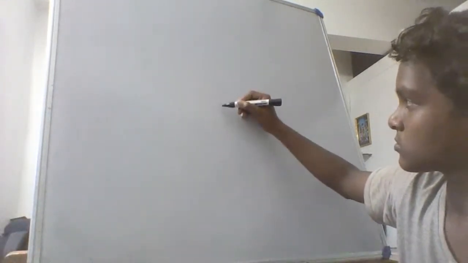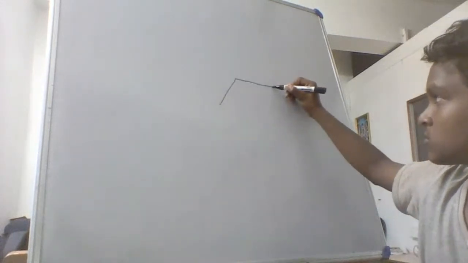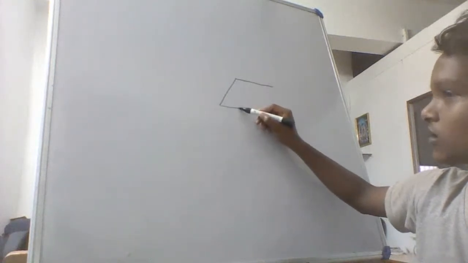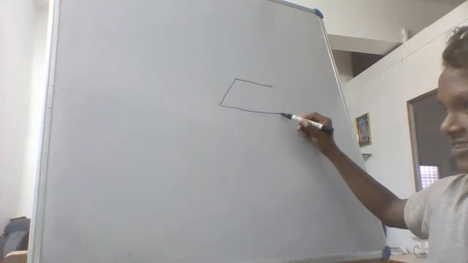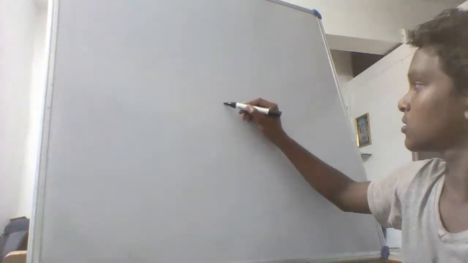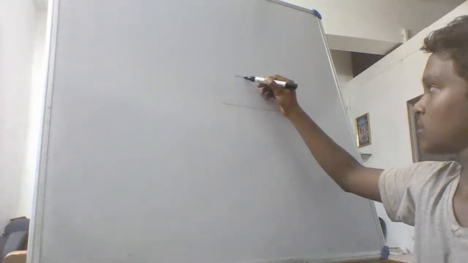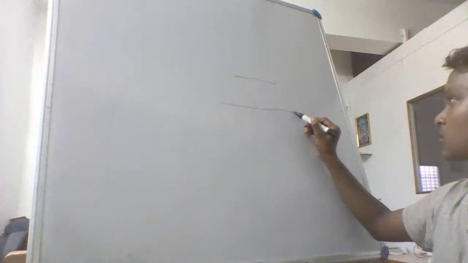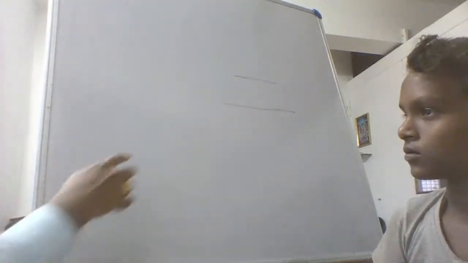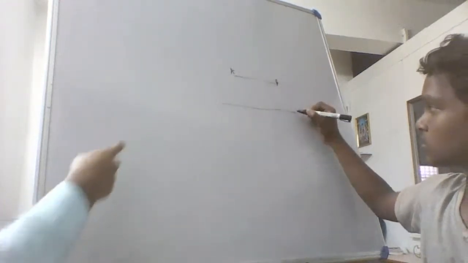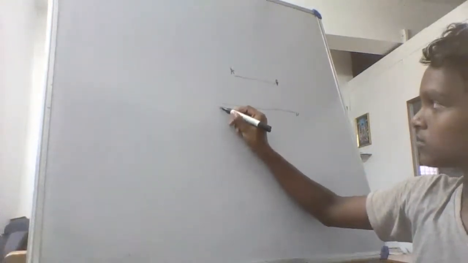So first what you have to do is draw parallel lines, right? Now write the points there, A and B, and the other points.